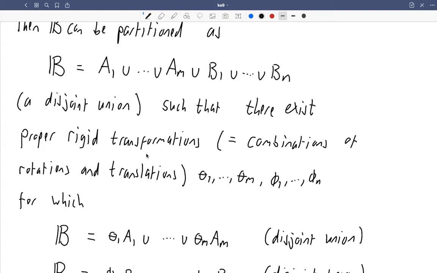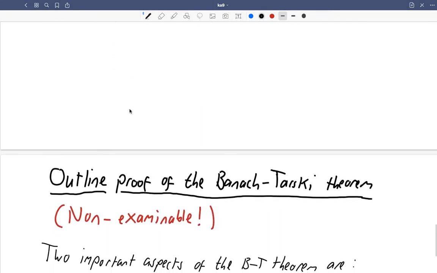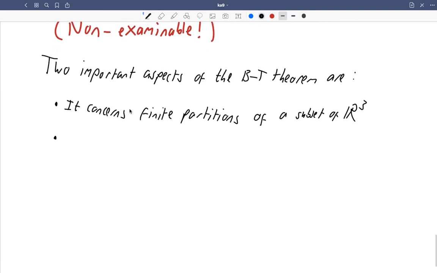That's the usual terminology for the group. And we can subject any subset of three-dimensional space to a proper rigid transformation because the group of proper rigid transformations acts on three-dimensional space.